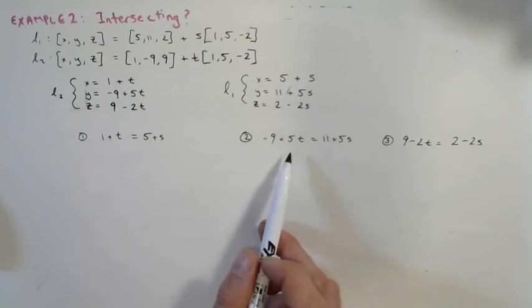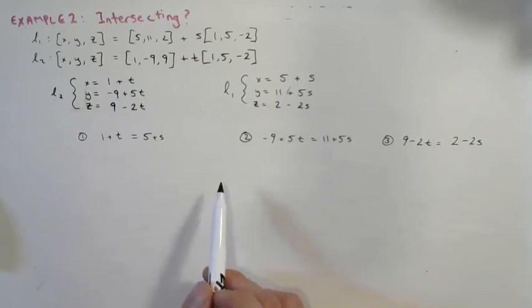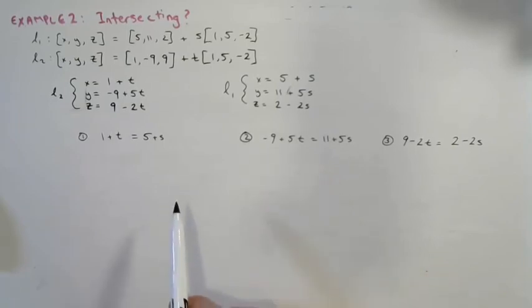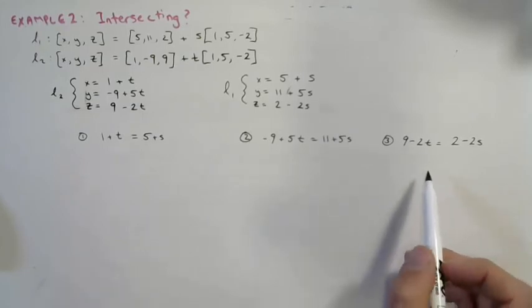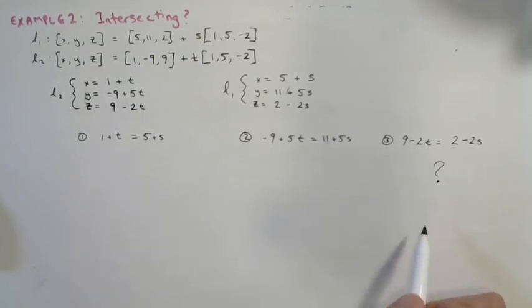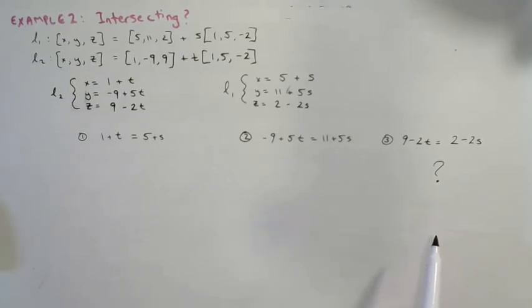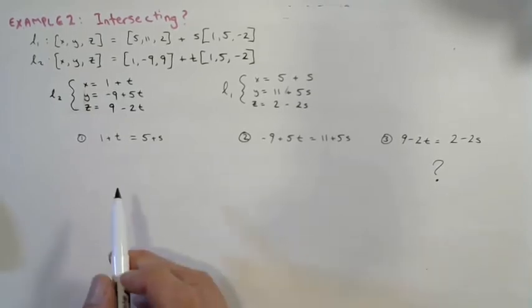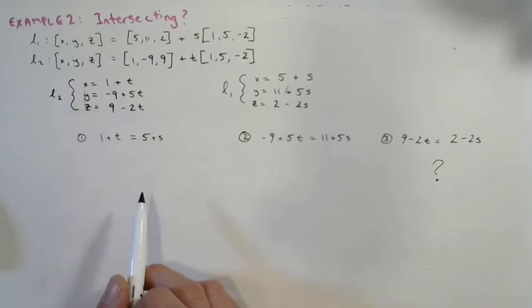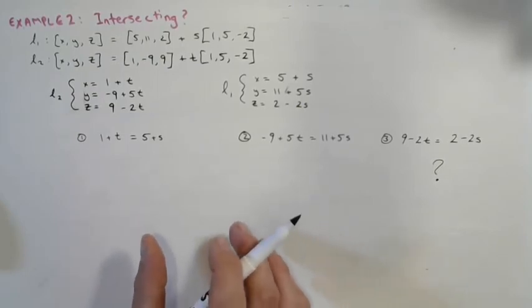Then you'd use that to find the s that corresponds, and then see if that s and t satisfies the third equation as well. If it does, then you have a point of intersection. If it does not, then they do not intersect. In this case, you would end up finding out that they do not intersect.